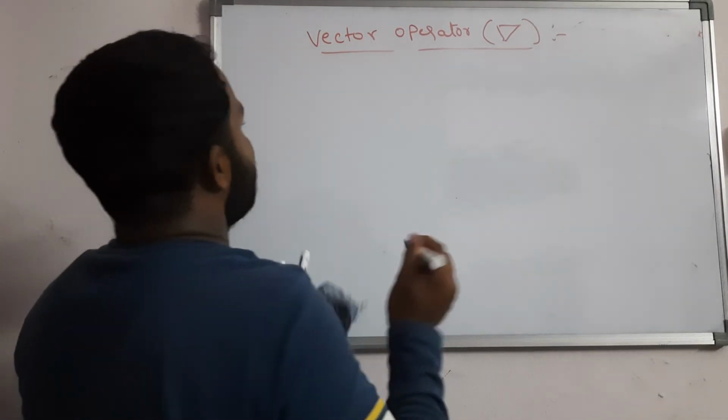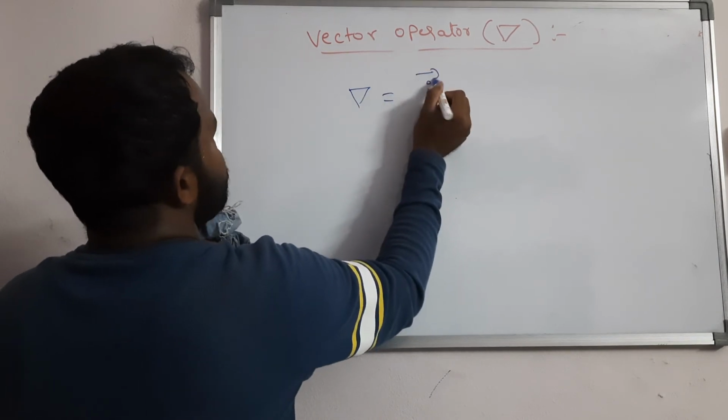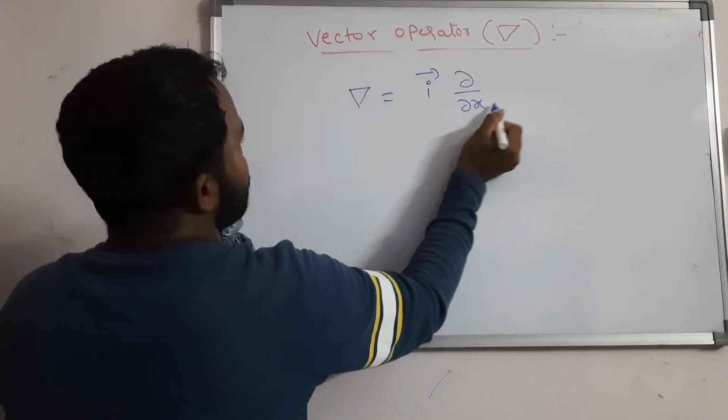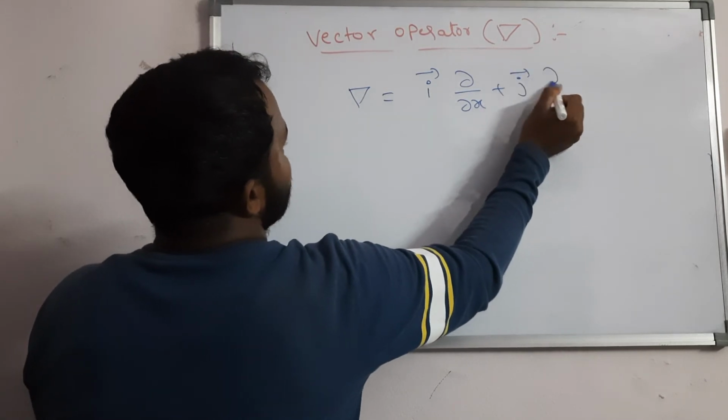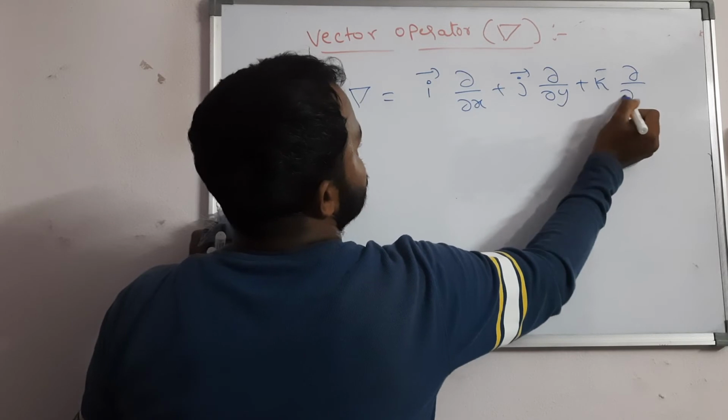You should write simply vector operator. Del is equal to i bar into dou by dou x plus j bar into dou by dou y plus k bar into dou by dou z.